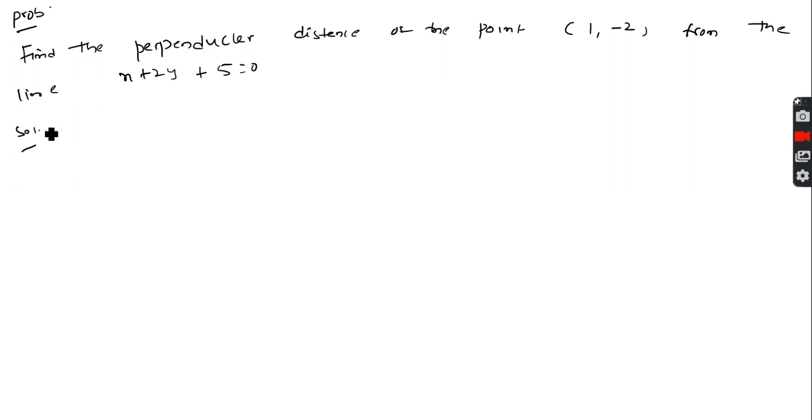So here, what is the concept? The concept is we find the perpendicular distance of the point (1, -2) from the line.